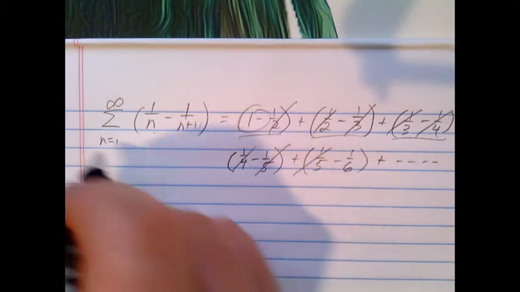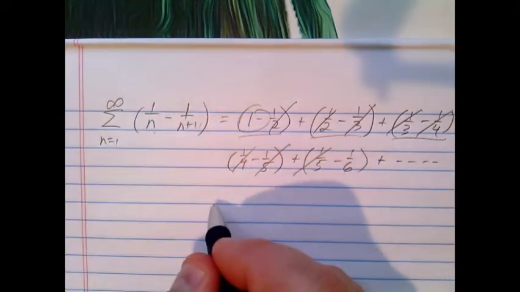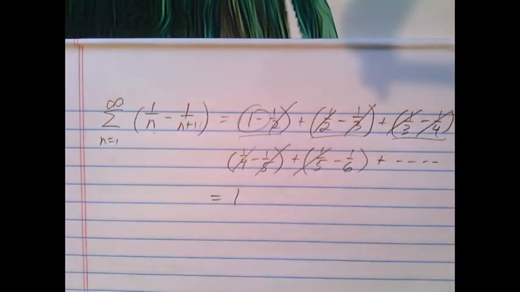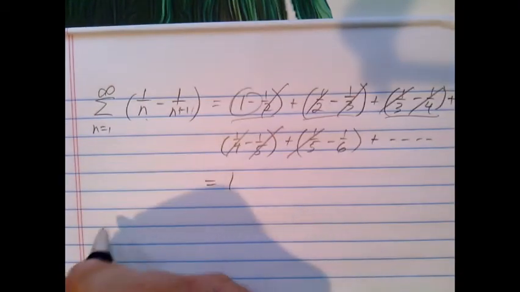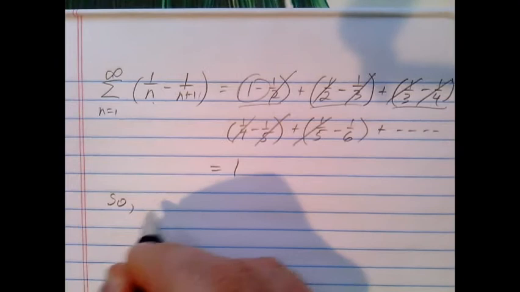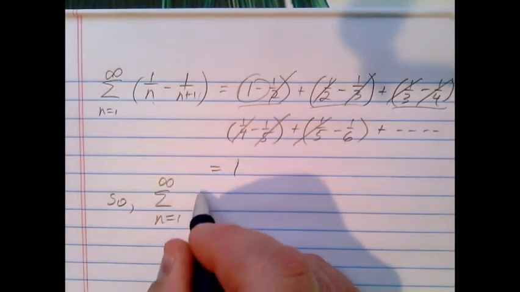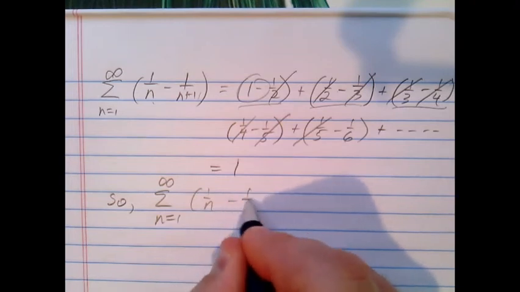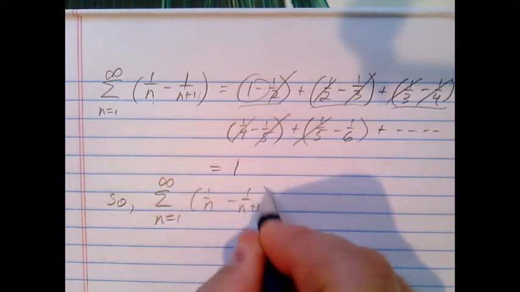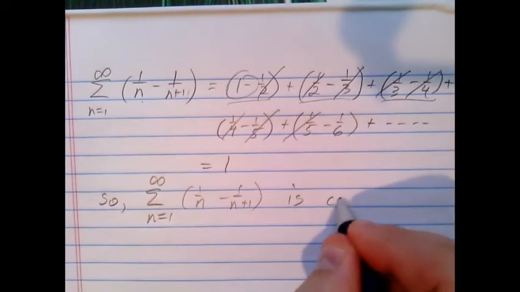That means the entire value of the sum of this series is 1. So this series, where the nth term is 1 over n minus 1 over n plus 1, is convergent.